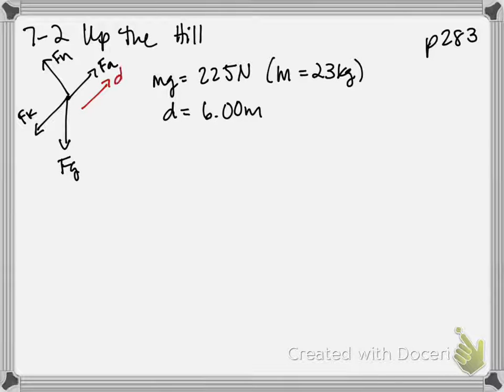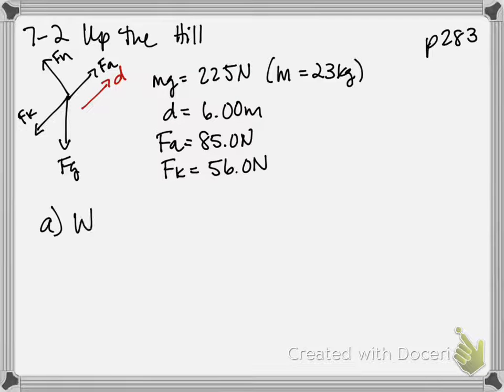This is the direction of displacement up the ramp, and the amount is 6 meters. The applied force is given as 85 newtons, and we're told that friction is going to pull us back with 56 newtons.